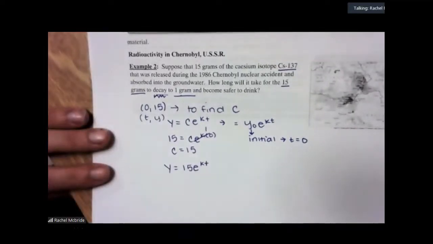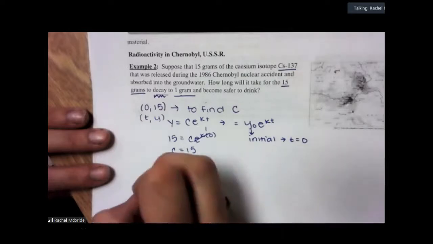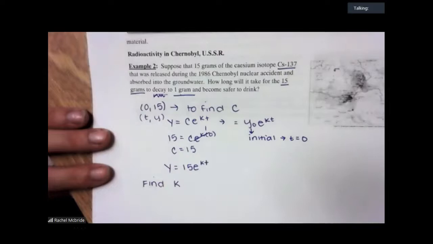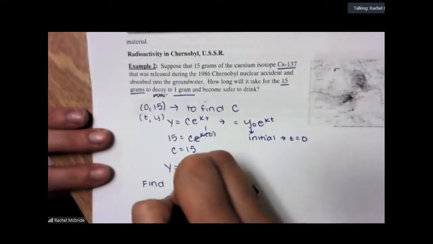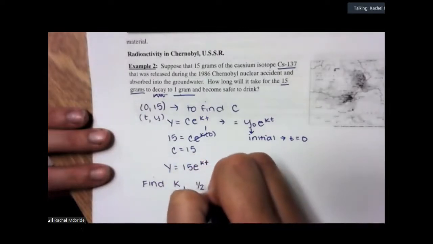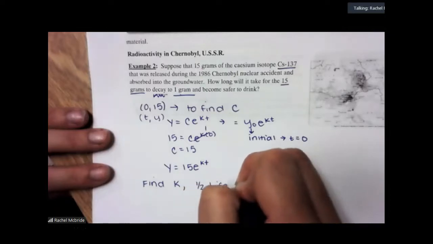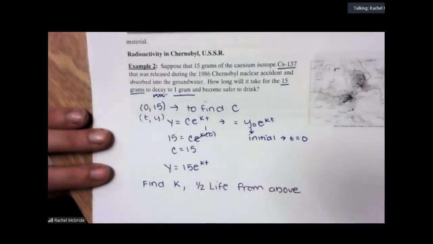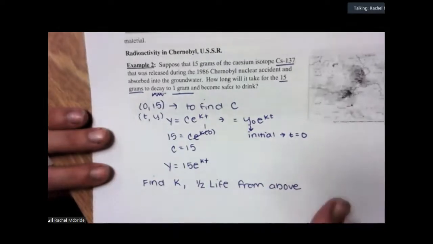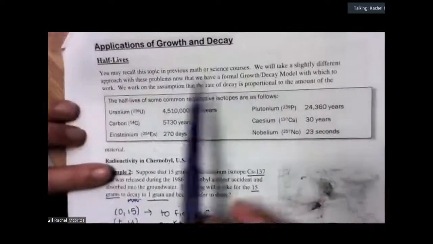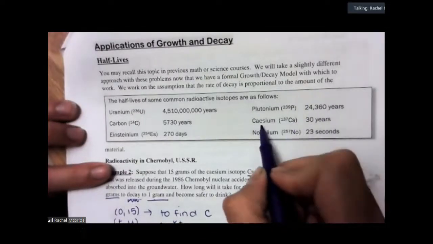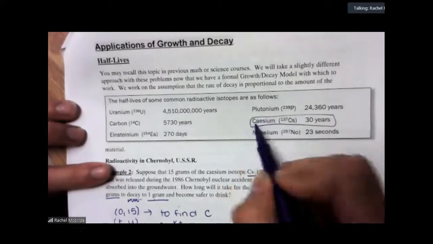So what we need to do is find k. And in order to find k, we need to use the half-life from above. Typically, on a problem on the AP exam, they would tell you the half-life of its value. So it says that its half-life is 30 years.